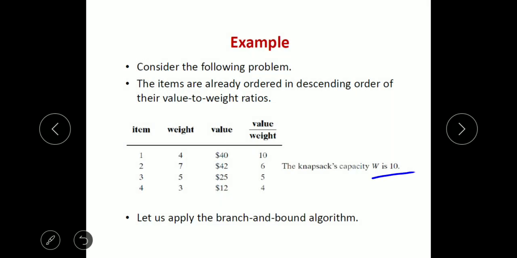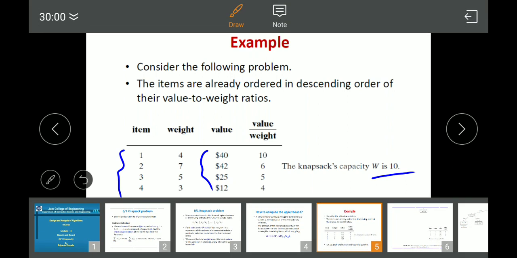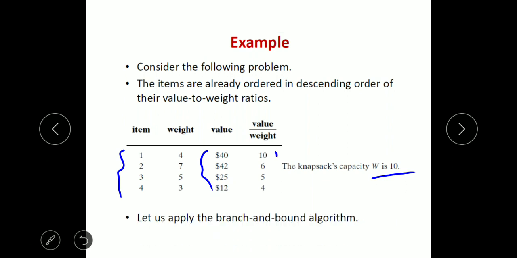The problem says that you have 4 items, 1 2 3 4, and the weights of these items are 4 7 5 3 respectively, and the profits of these items are $40 42 25 12 respectively, and the value to weight ratio here is 10 6 5 and 4 respectively.